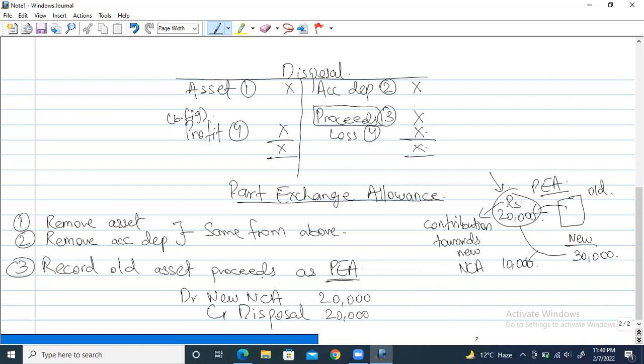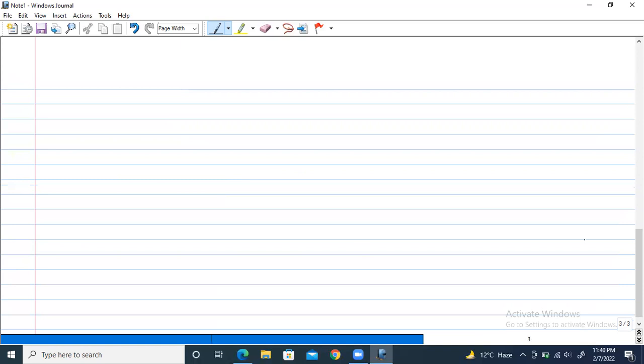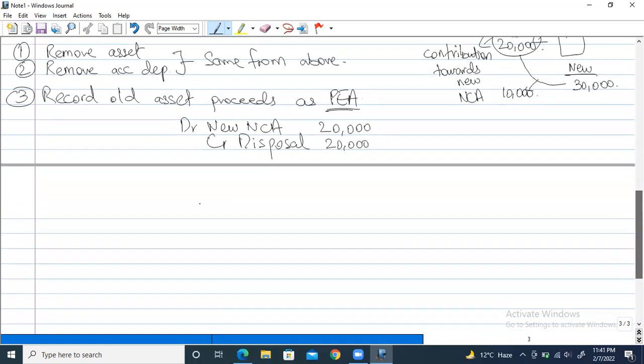So what we do in step 4 is that the remaining difference that we pay, we record as the extra cash paid. This is a bit unattached with the disposal account, but still it's part of the sequence.